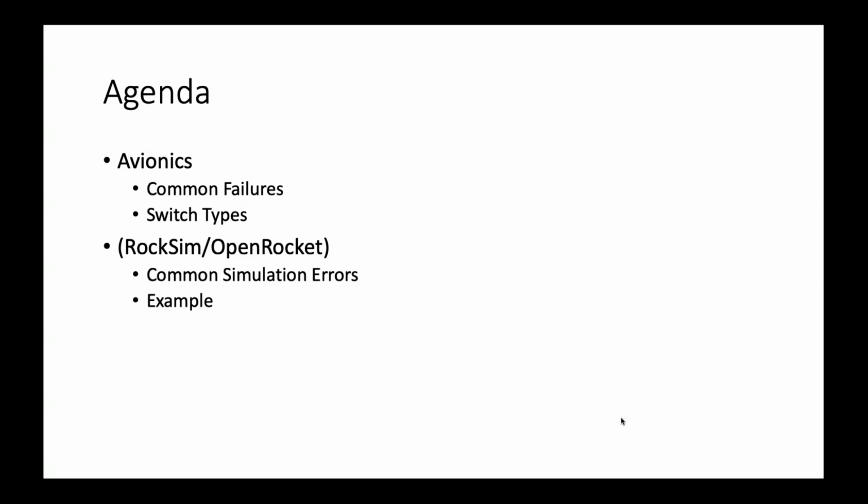And then with RockSim and Open Rocket, a similar thing. I just want to point out ways that we sometimes make errors in it and suggestions for improvement. And then I'll go through an example.